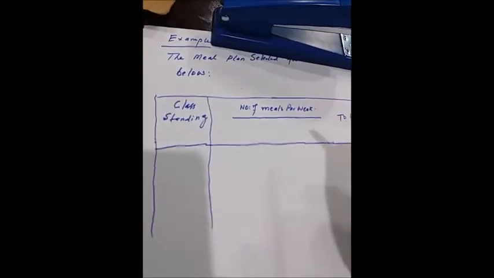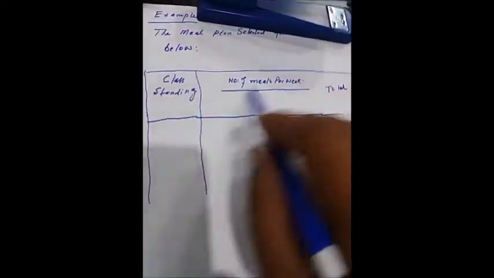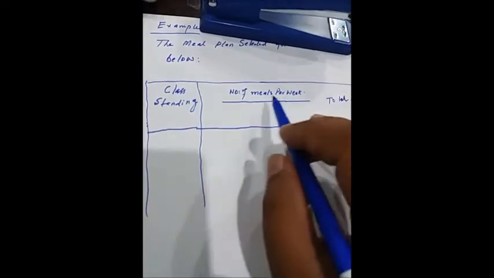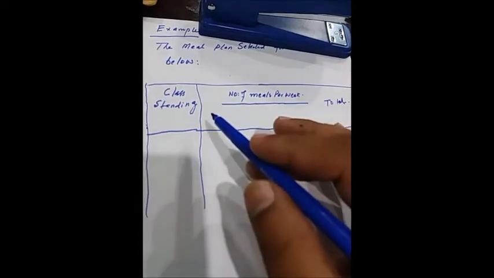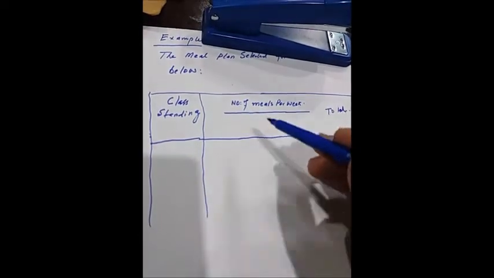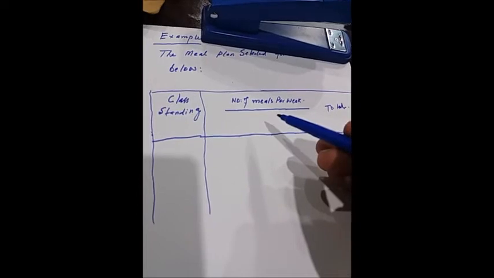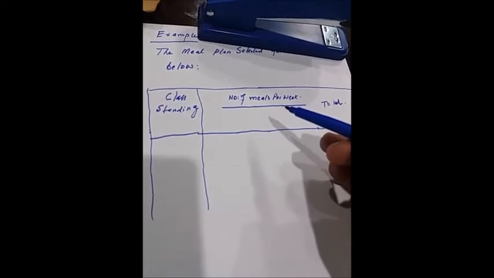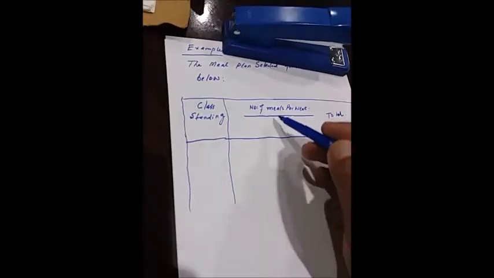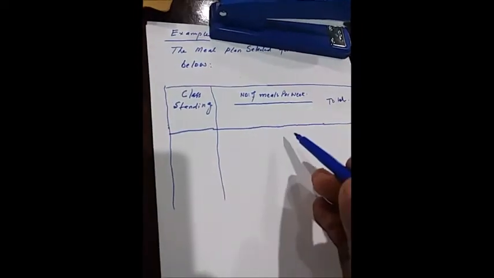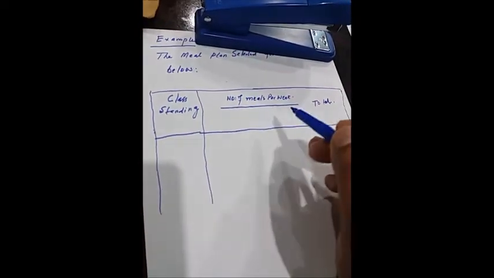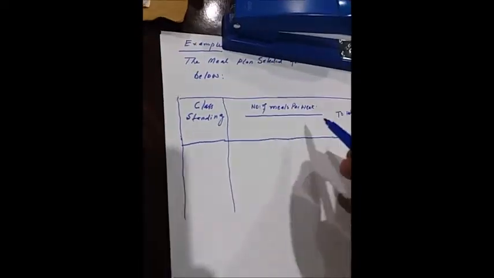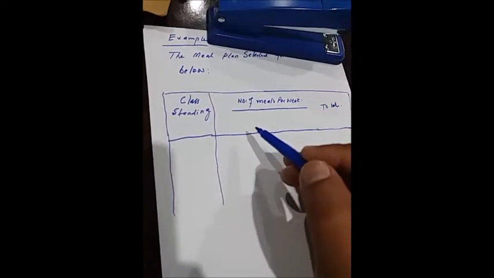One is the class standing, number two is the number of meals per week, and we have to check the relationship between the class standing and number of meals per week. Either there is some kind of association of class standing with number of meals per week. The number of meals served to the students either depends upon the class standing or not. So we have two categorical variables basically, and we have to check the relationship between these two categorical variables.